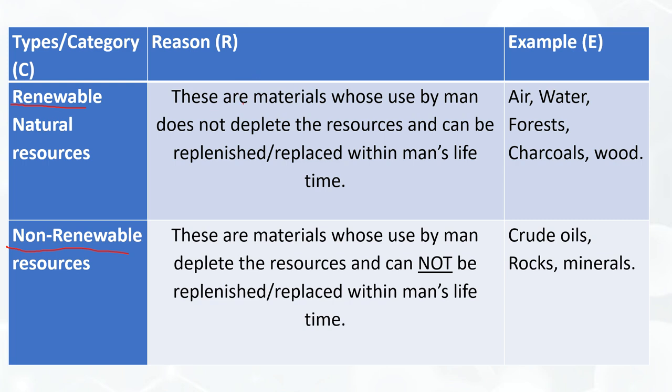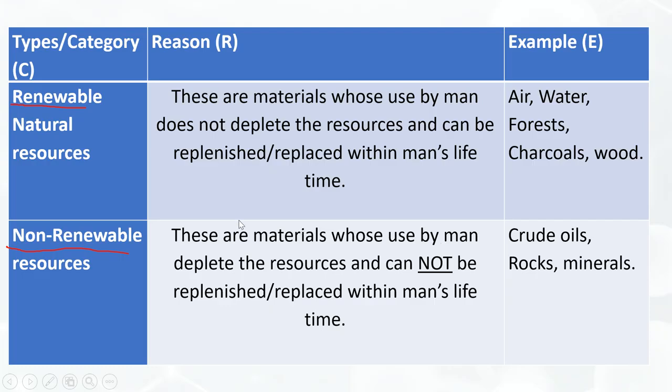Renewable resources are materials whose use by man does not deplete the resources, and can be replenished within man's lifetime. Things that can be replenished in a short period of time. For example, air, water, forest, charcoal, wood.